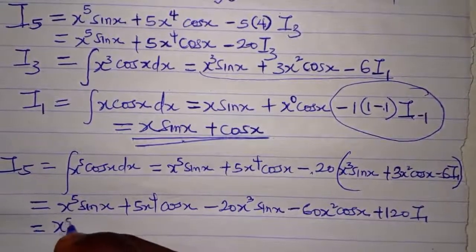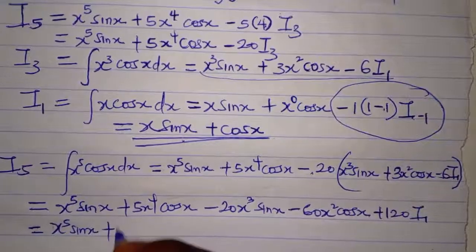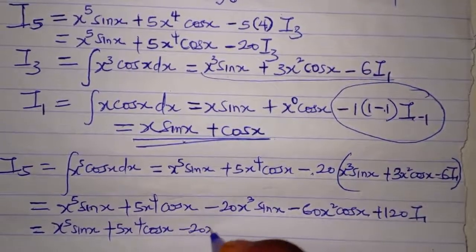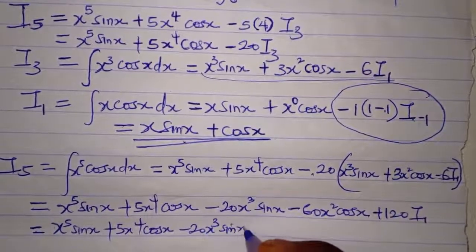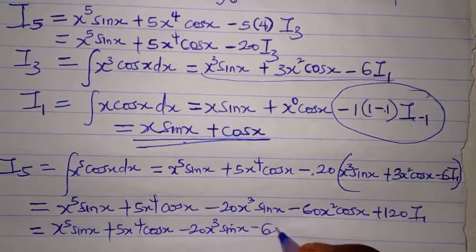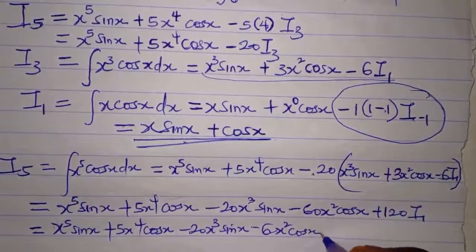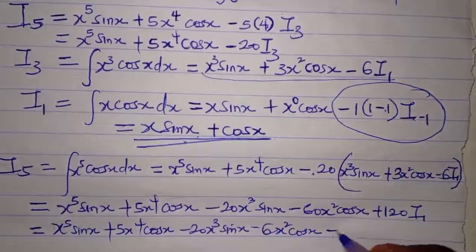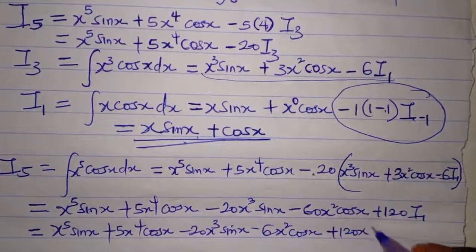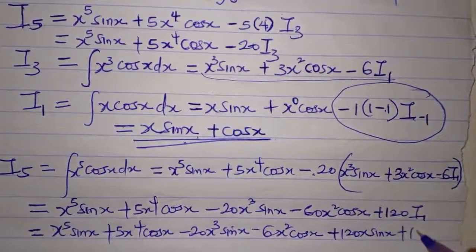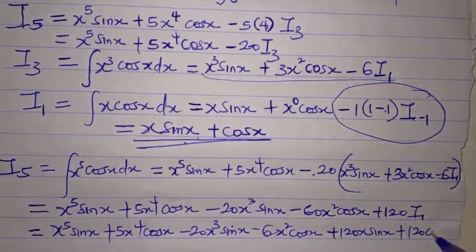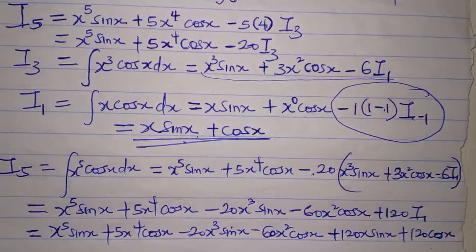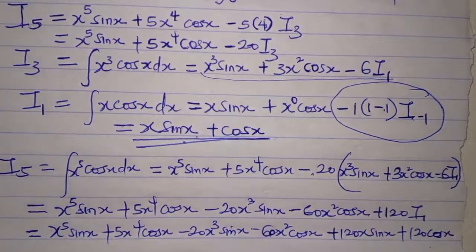That will be x to the 5th sine x, so I'll use 120 to multiply everything here. This is 60, not 6.